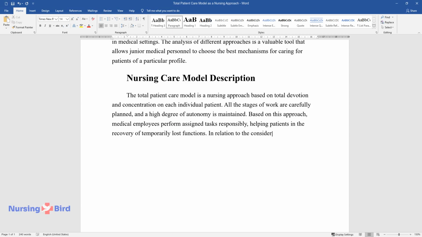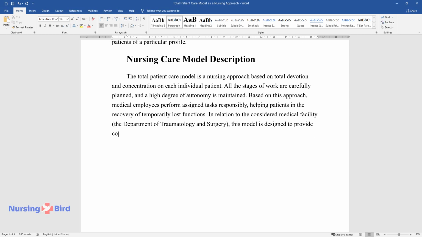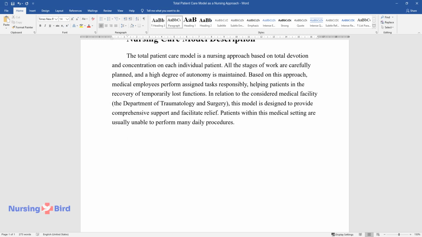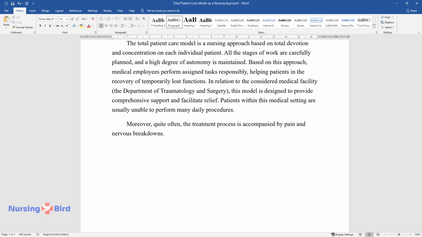In relation to the considered medical facility, the Department of Traumatology and Surgery, this model is designed to provide comprehensive support and facilitate relief. Patients within this medical setting are usually unable to perform many daily procedures. Moreover, quite often, the treatment process is accompanied by pain and nervous breakdowns.